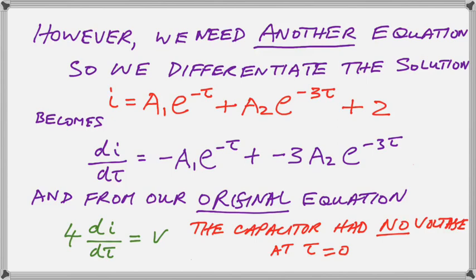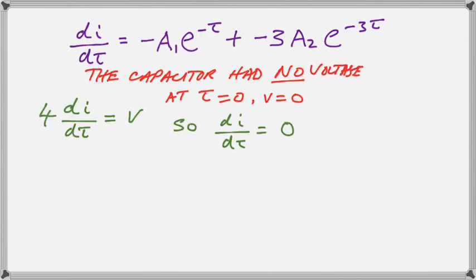So from our original equation, we had 4 di dt equals v. That was one of our original equations, the equation for the coil. But we saw that the capacitor had no voltage at t equals 0. So if we substitute 0 for v, then di dt itself becomes 0.